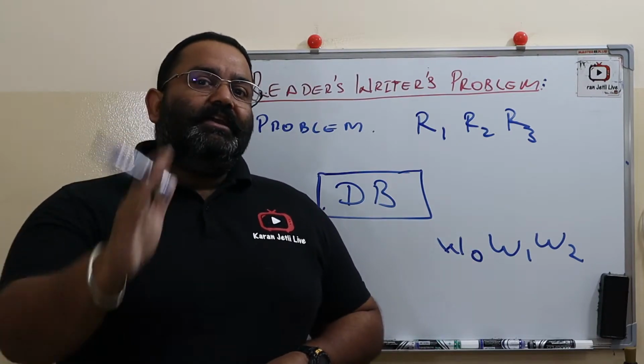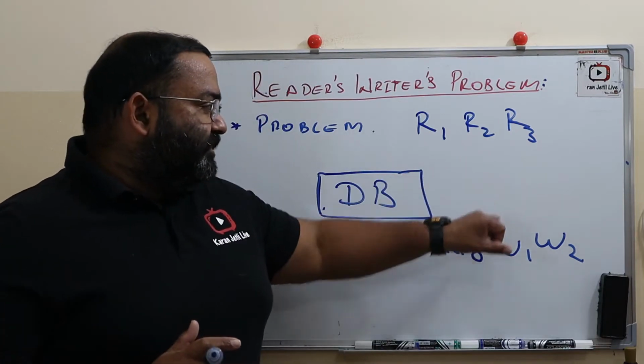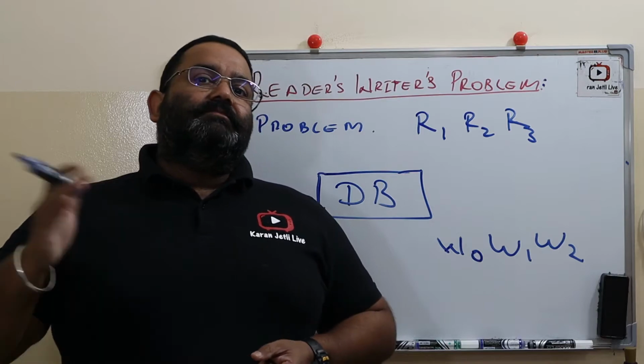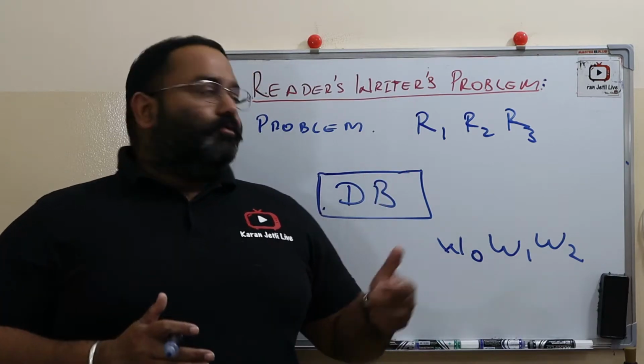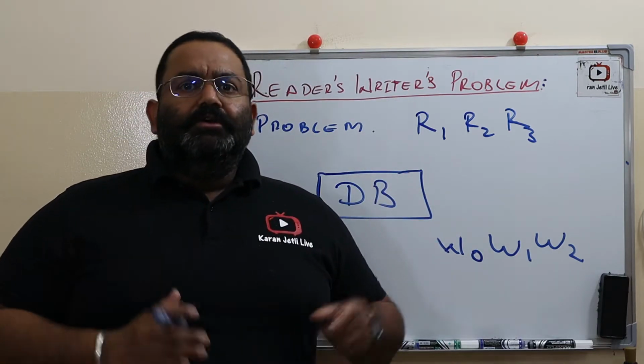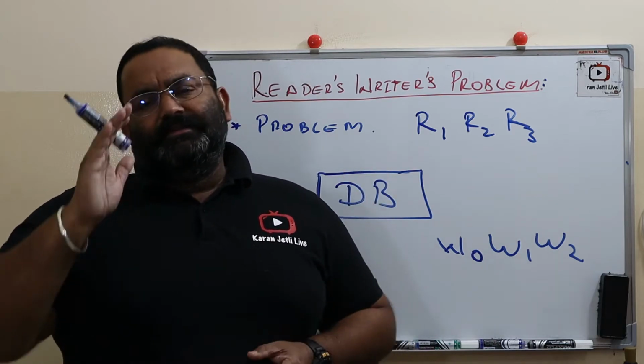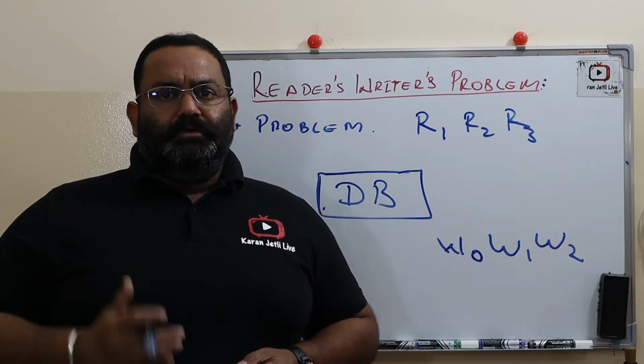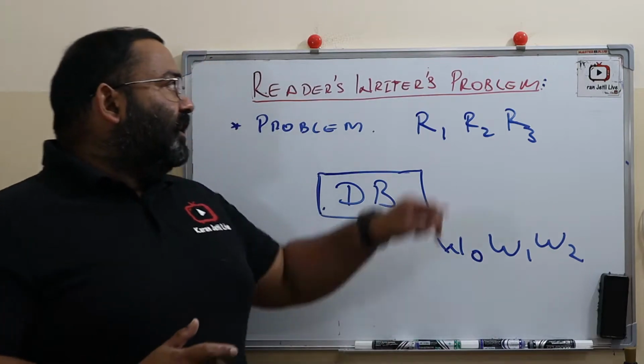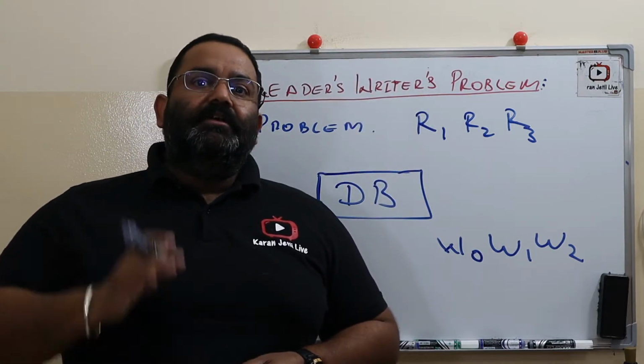So when all the different threads, some of them wanting to read the data, some of them wanting to write to the database, do this at the same time, it will cause some problems. Those problems are the effects of the readers writers problem.